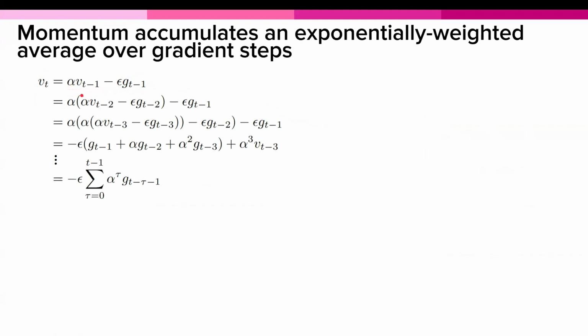If we apply this equation recursively, substituting in first for 2 time steps back in the past, and then 3 time steps back, then because alpha is greater than 0 and less than 1, the gradients observed at the most recent time step are going to have the largest contribution, whereas those further back in time, like 2 or 3 time steps back, are going to have a weaker contribution.